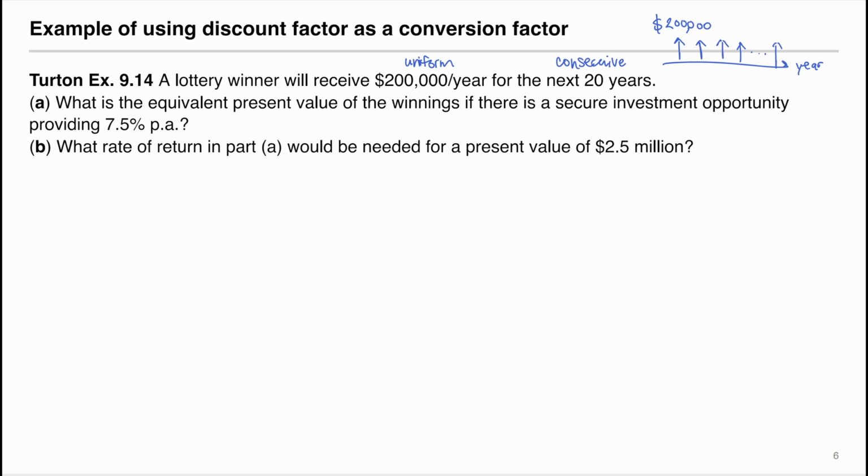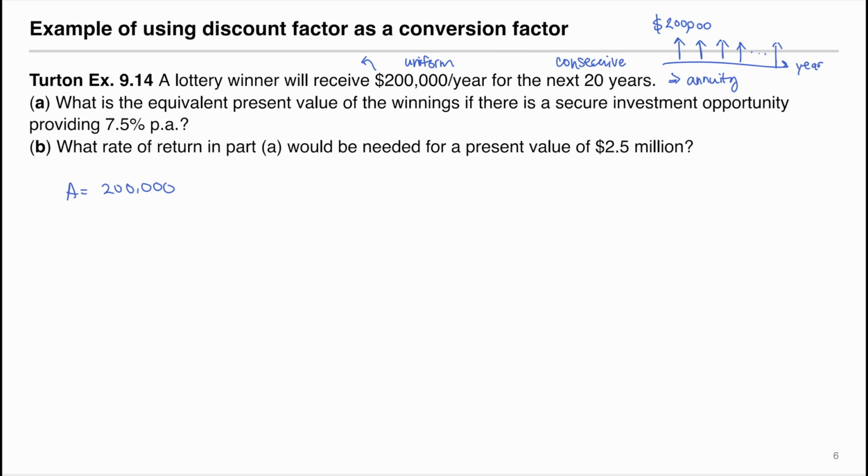And this is the annuity. So recognize that this amount, A, equals 250.